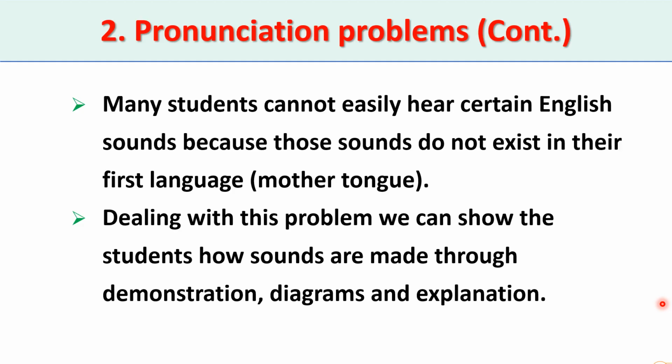Intelligibility simply means speaking with a clear sound so that the listener can easily understand what you are talking about. For example, the student wants to say, I want to buy a ship. In this sentence, ship means a large boat.